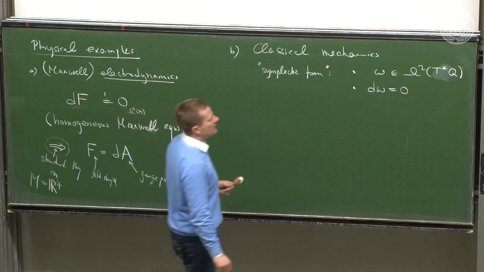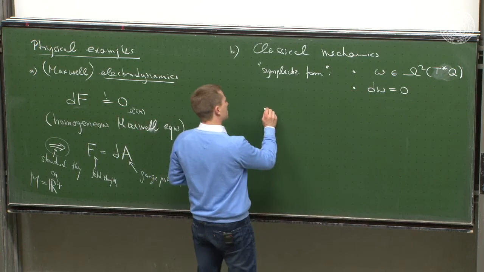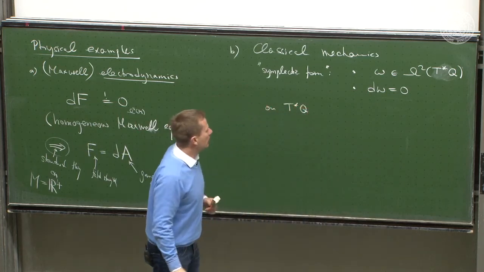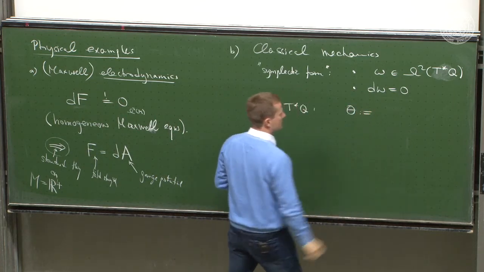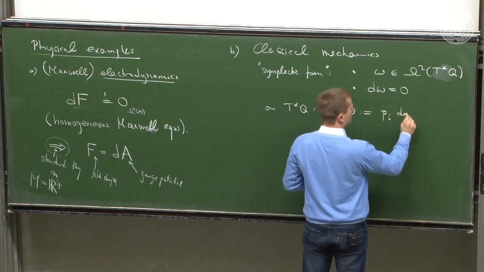Well, it turns out if you're here on the cotangent bundle, this is always true because on T star Q, you can always write down a theta, and this theta has the form p_i dq^i.